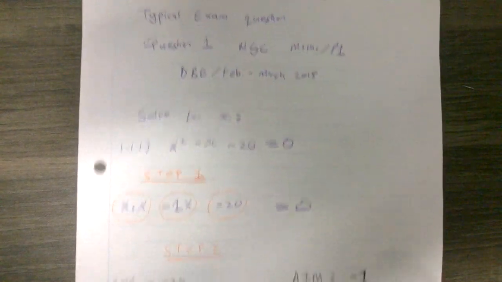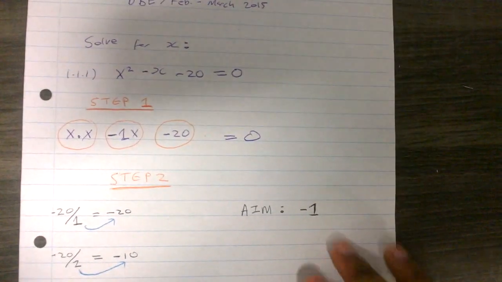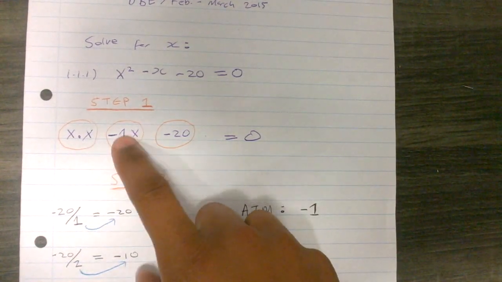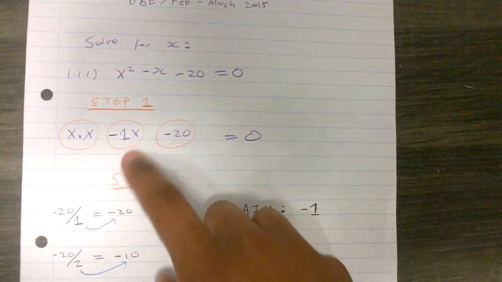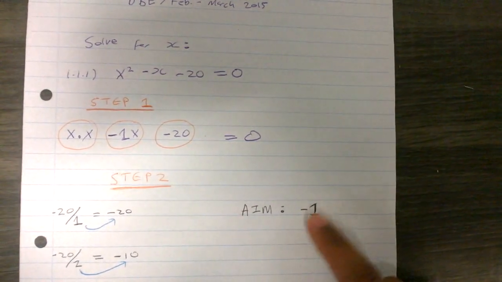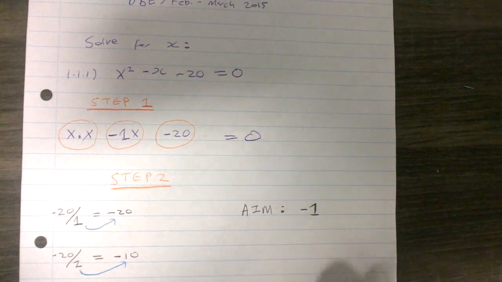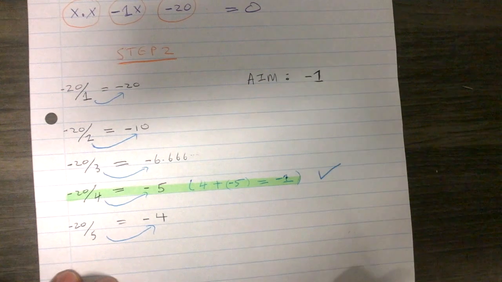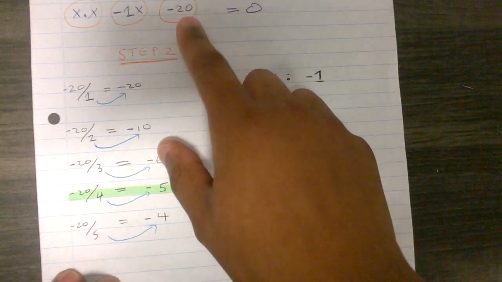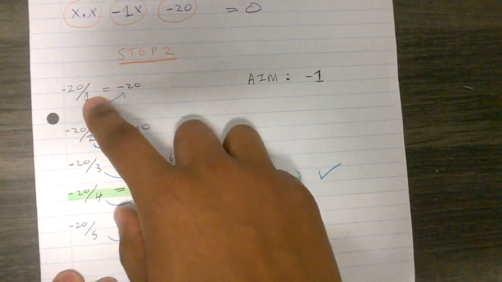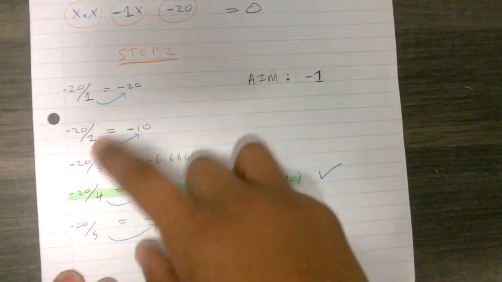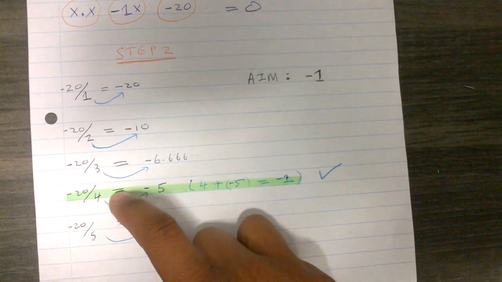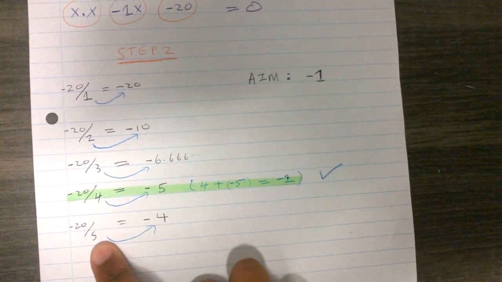It's the aim. Step 2. You're going to write this x times x, and the coefficient of this 1x is -1. So this is what you're aiming for. Then you're going to take this constant -20 and divide it by 1, divided by 2, divided by 3, divided by 4, and then divided by 5.